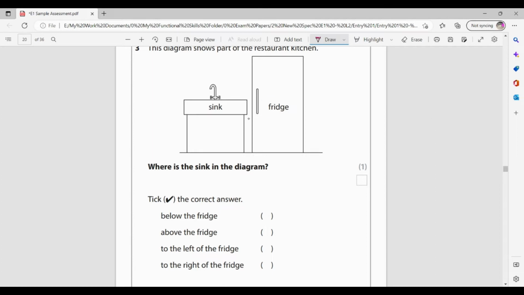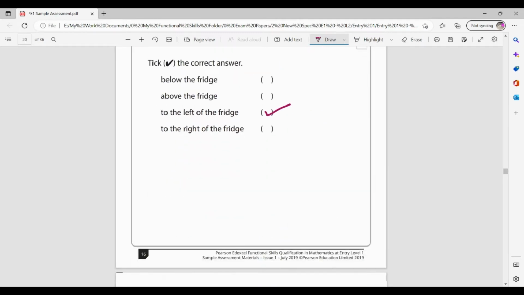This is my fridge, and I want to know where the sink is. Below the fridge would be here, so it's not below the fridge. Above the fridge would be up here, so it's not above the fridge. To the left of the fridge would be here, and to the right would be here. So my sink is to the left of the fridge.